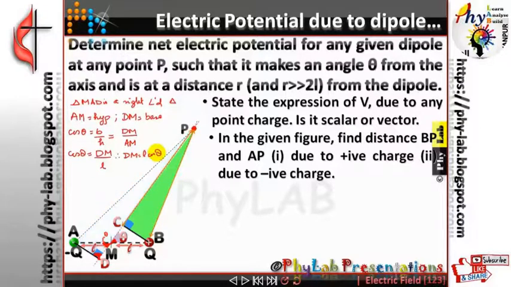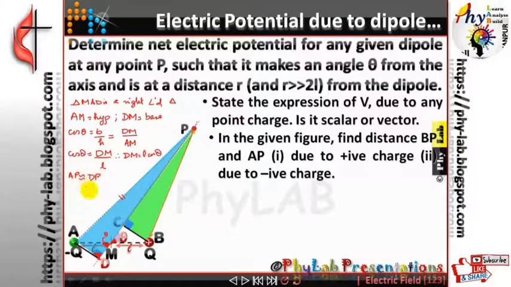Now look at this triangle. In this triangle, this AP distance is approximately equal to DP distance, because P is a far off point. So I can say that AP is approximately equal to DP.